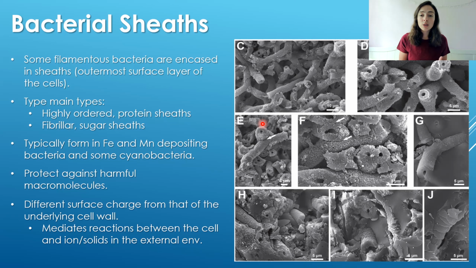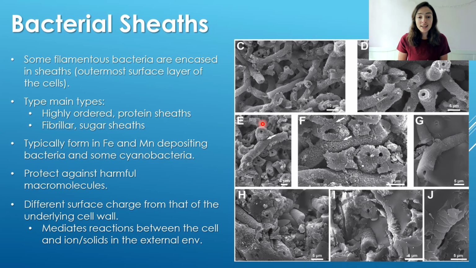And we've also observed that these sheaths have relatively low permeabilities and therefore might be helpful in terms of protecting against harmful macromolecules. So they're only going to let really tiny molecules through or specific molecules through, kind of like cell walls do, but it's an extra protective layer against harmful macromolecules that may enter the cell had it not had that sheath. And these sheaths also have different surface charge compared to the underlying cell wall of the bacterium.